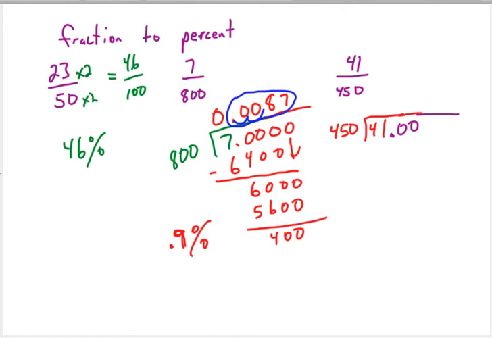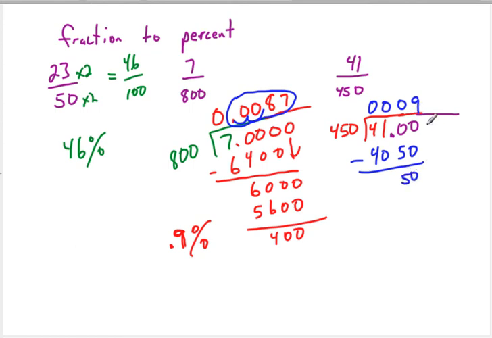So 450 doesn't go into 4 or 41 or 410, but it'll go into 4100, I think, 9 times, which would end up being, let's see, 4,050 with a remainder of 50.